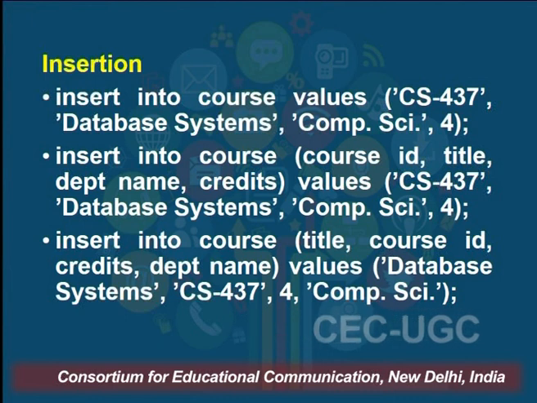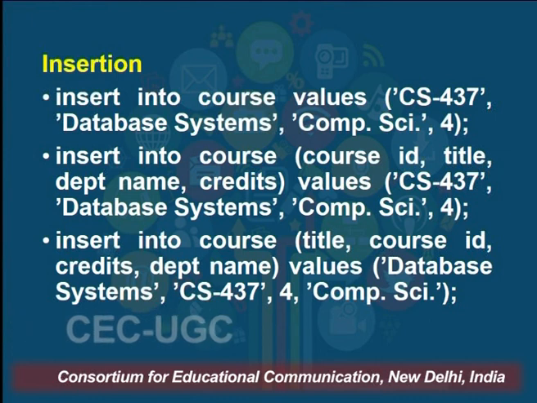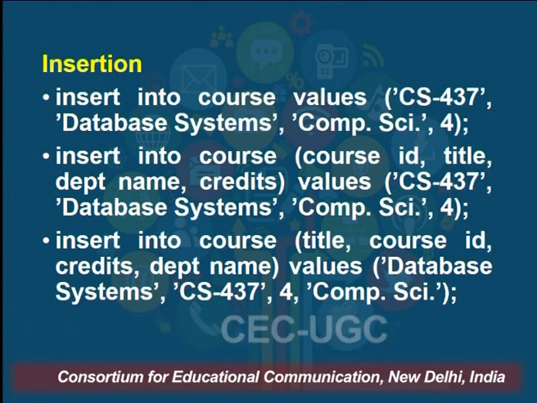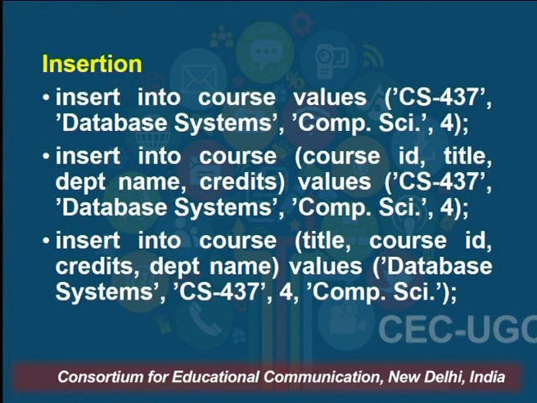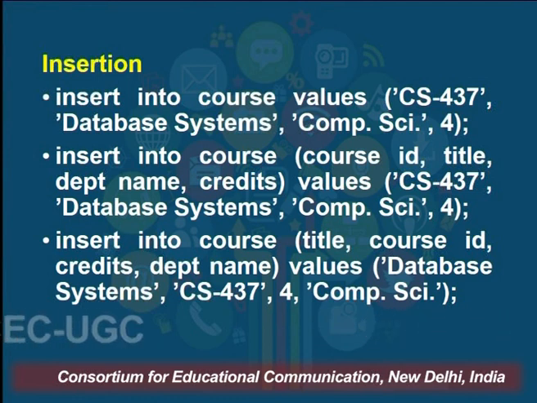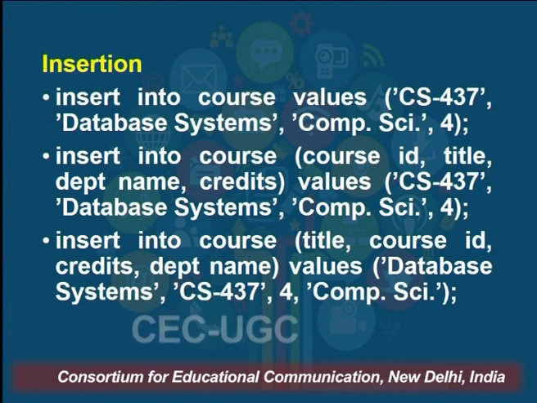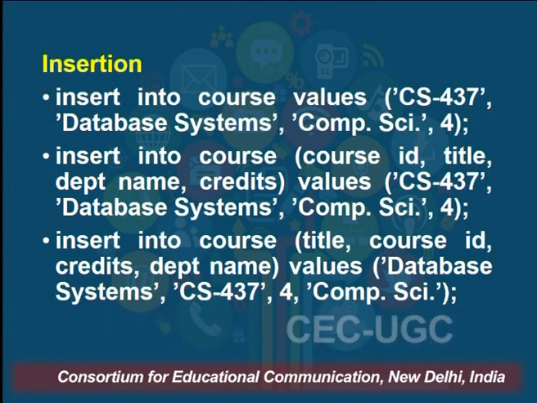So here we can see insert into course, course ID, title, department name, credits, these are the names of the attributes, and these attributes will take the values CS437, database systems, computer science, 4.